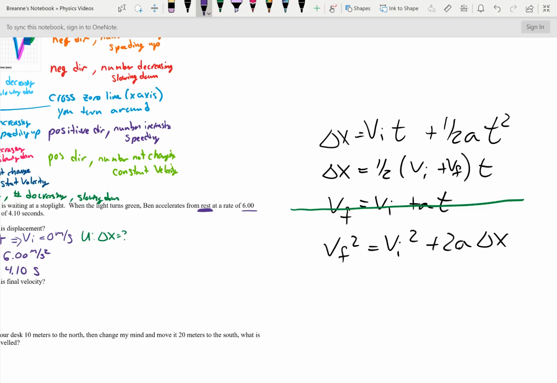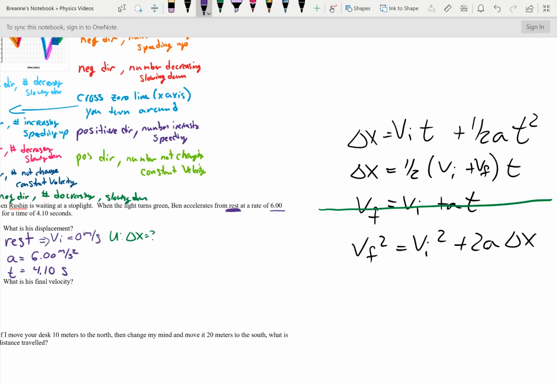Now let's look at our givens. We need delta x. Do we have initial velocity? Yes, we do. Do we have acceleration? Yes, we do. We have time? Yes, we do. So we could use the first one. Let's keep going. We need delta x. We have initial velocity, but we don't have final velocity, so we can't use that one.